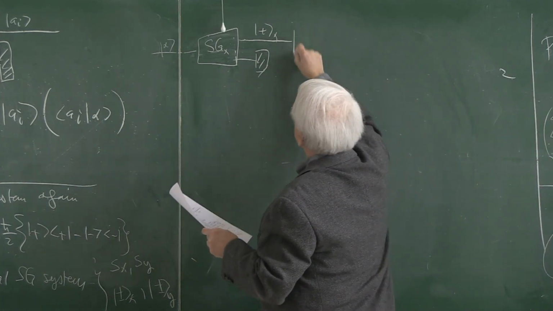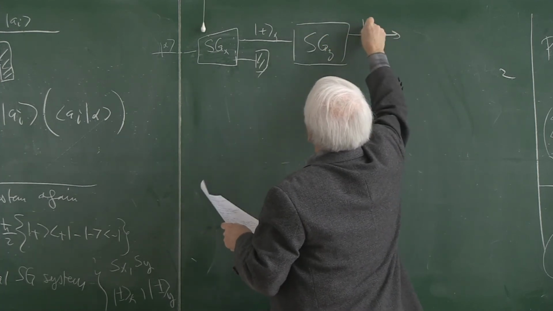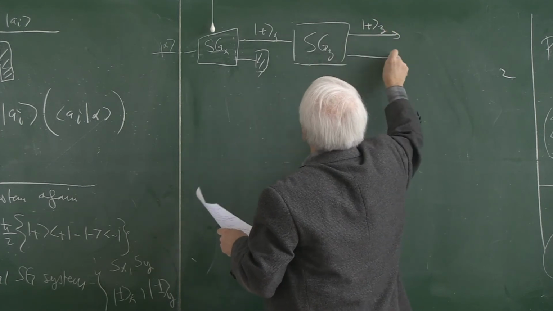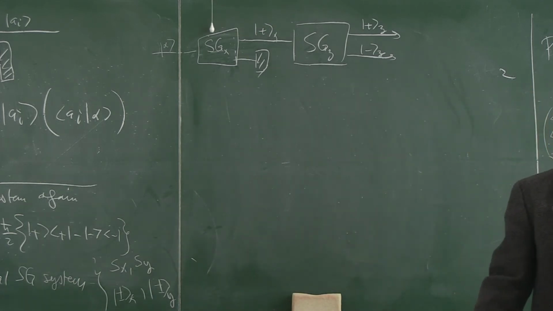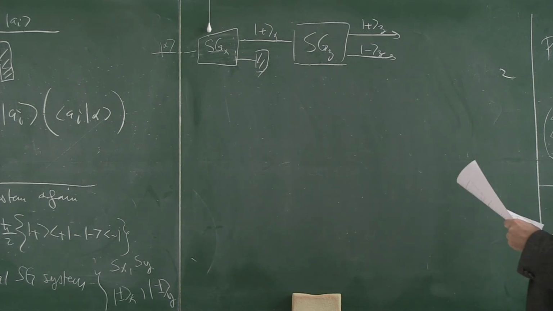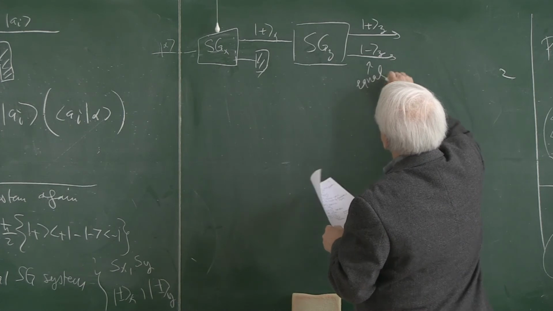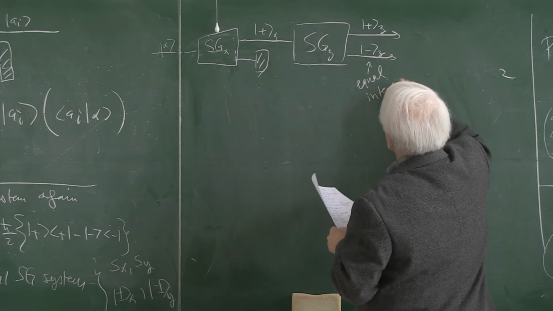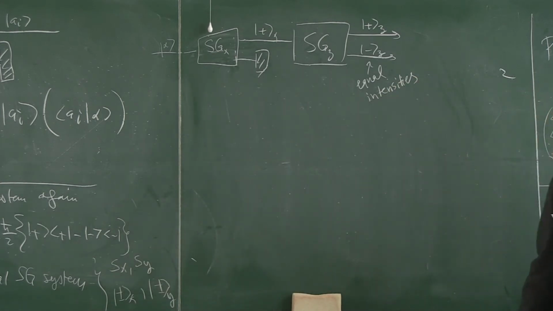Then we go through a Stern-Gerlach Z. The experiment is telling us that we have equal intensity, Z up polarized and Z down polarized, although the input is up X polarized only. Equal intensities. That's the experimental result.